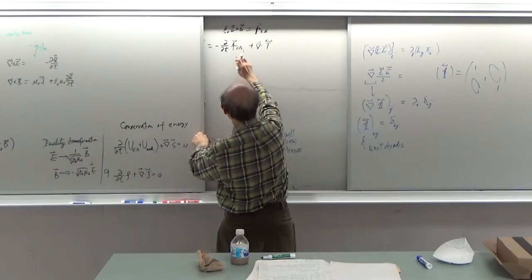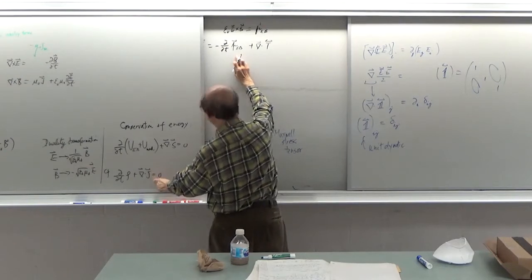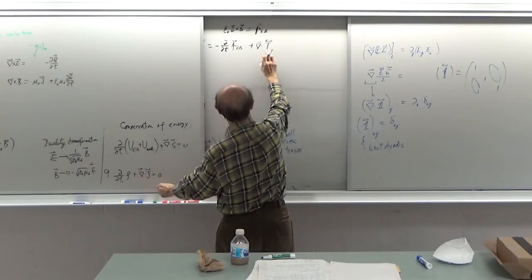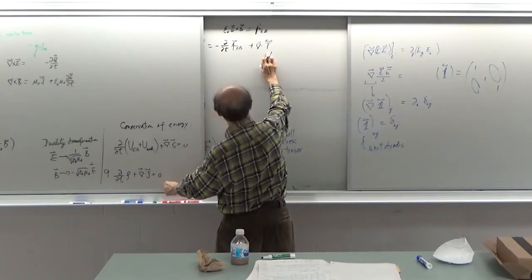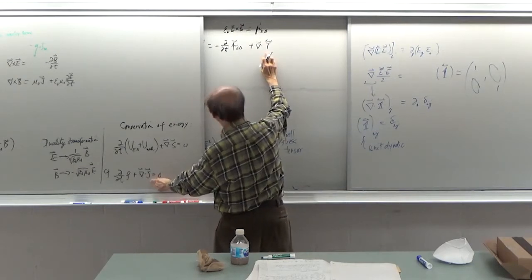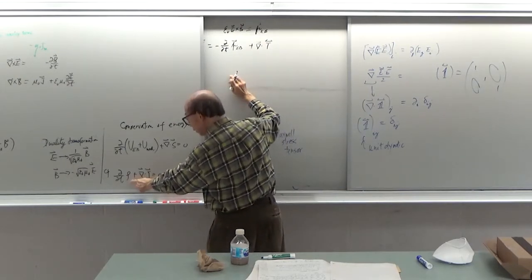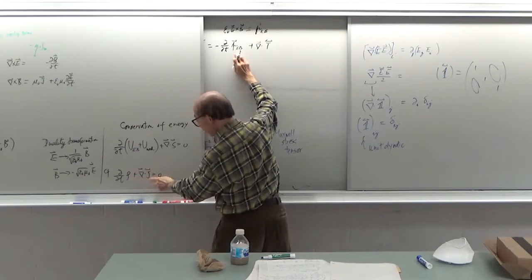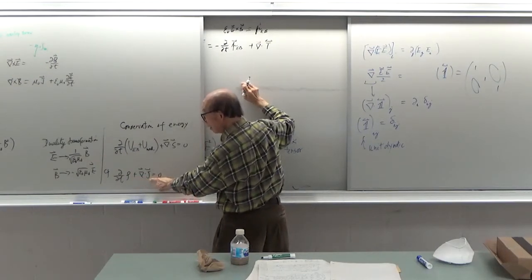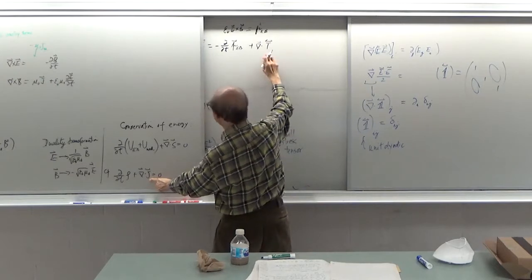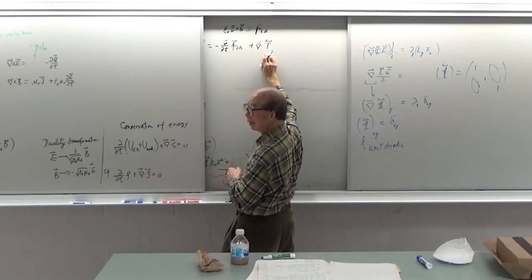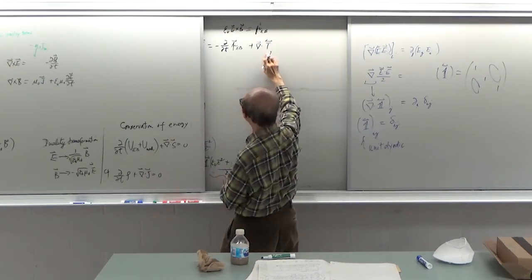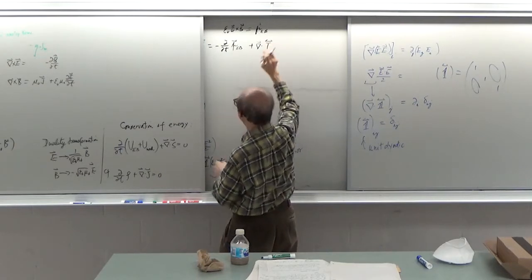Because here P plays the role of rho. This T, the stress tensor, plays the role of J. See, rho is a scalar. Now it's played by a vector. J is a vector. Now it's played by a double vector, which is attached with the arrows.